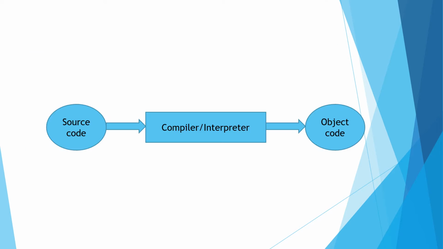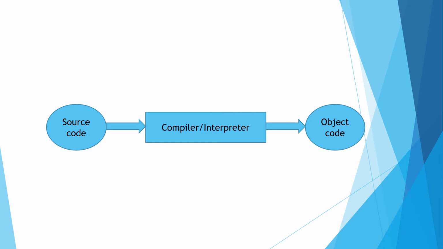Look at this diagram. Here the source code is given to a compiler or interpreter, and after the compilation process it generates the object code. The program written in a high level language is called source code, and that source code is provided to the compiler or interpreter, and they convert it into the machine code, which we also call object code.